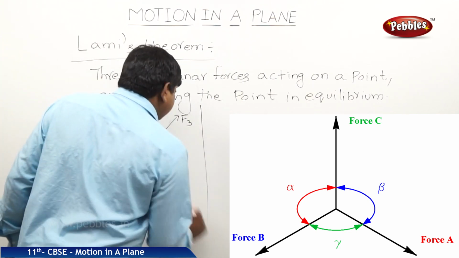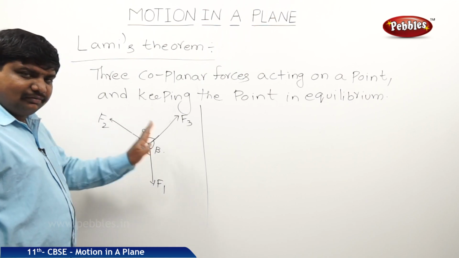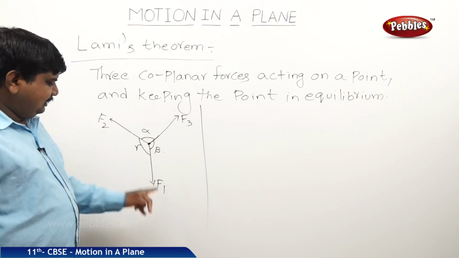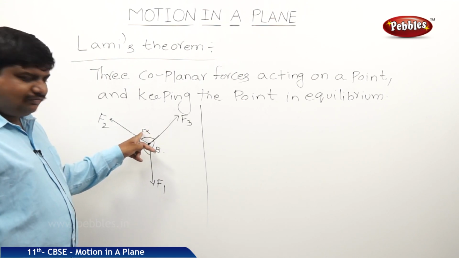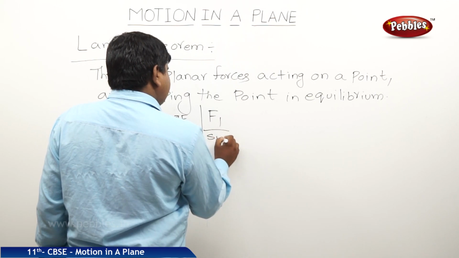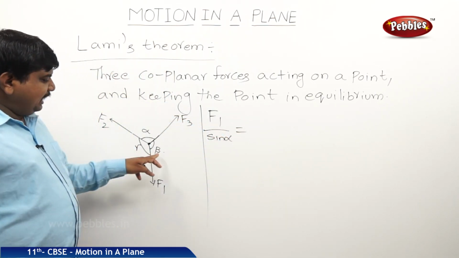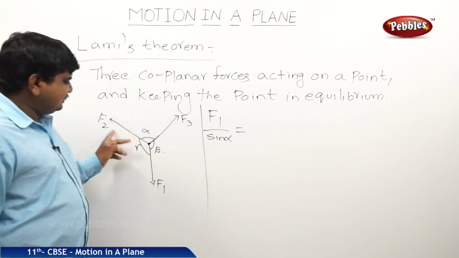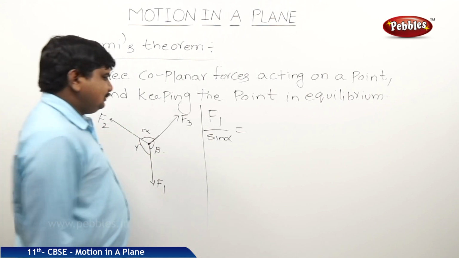Then what is the ratio of these forces? So the ratio of these forces we can try like this. F1, what is the opposite angle between the planes F2 and F3? Alpha. Therefore F1 by sine alpha is equal to F2 by sine beta, because beta is the angle which is opposite to the F3 F1 plane.